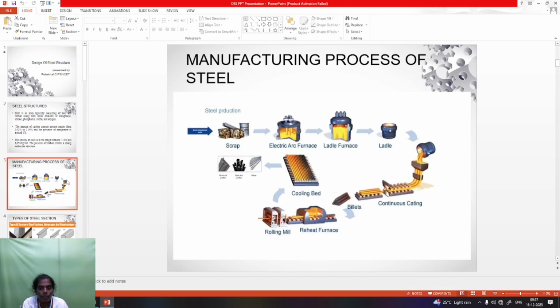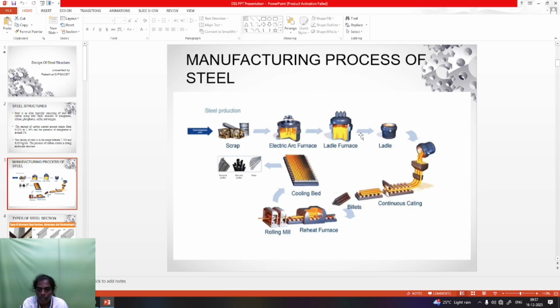So this is the manufacturing process of steel. First, the iron ore, the rock ore, is scrapped. A small amount of scrap goes to the electric furnace. Oxygen is induced in the electric furnace and heat is produced.